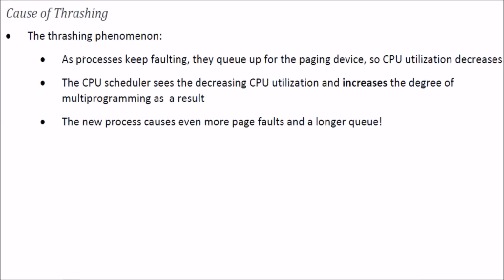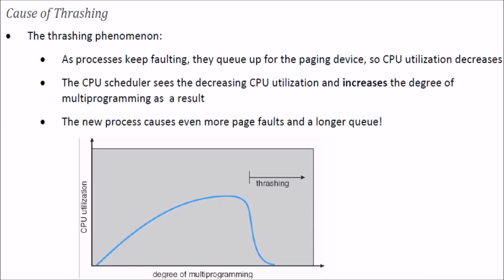What is the cause of thrashing? Thrashing happens when we do not have enough pages, so a process will keep faulting. Processes queue up for the paging device, so the CPU utilization decreases. The CPU scheduler sees the decreasing CPU utilization and increases the degree of multi-programming as a result, and the new process causes even more page faults, right?